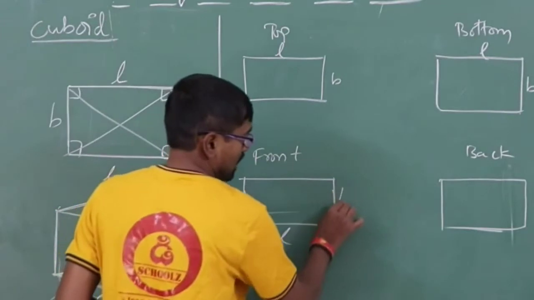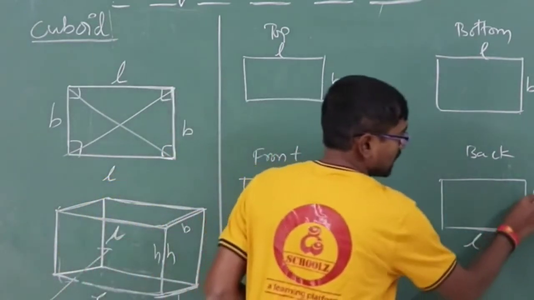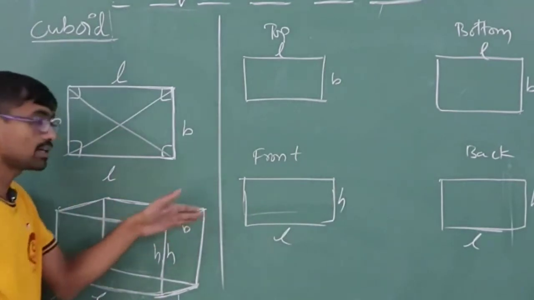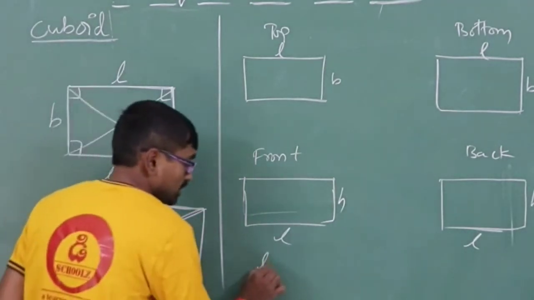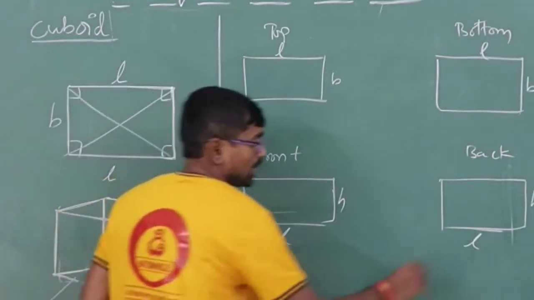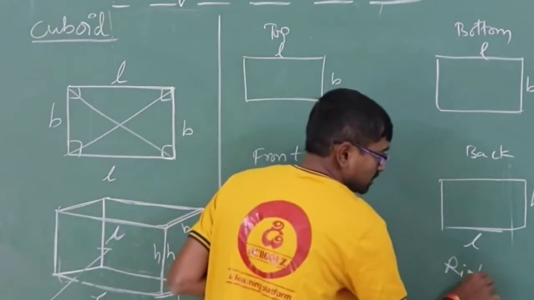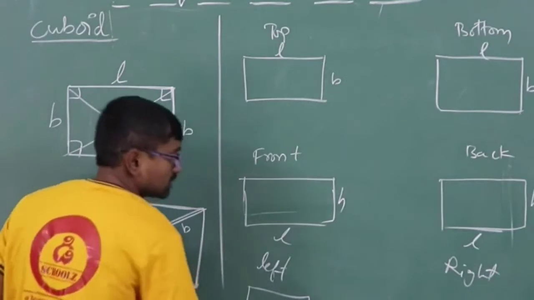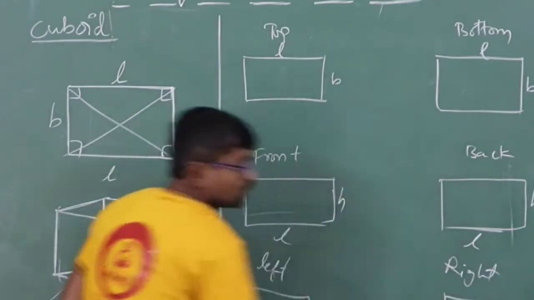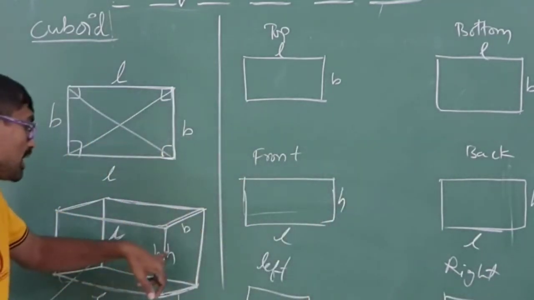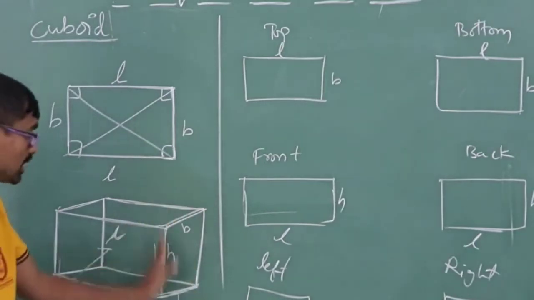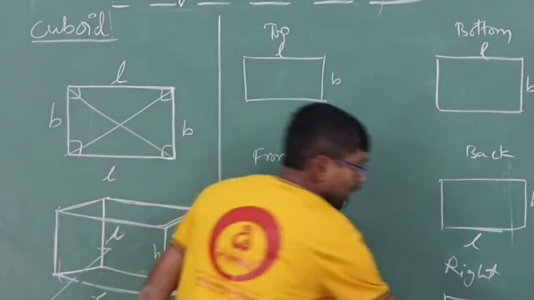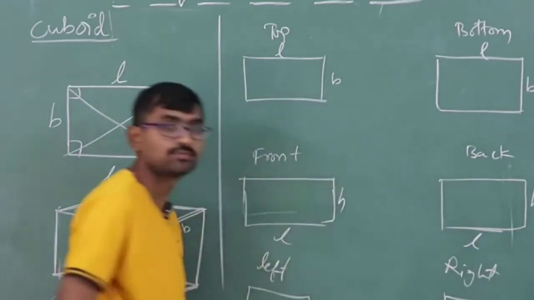Now the left and right sides: again we get two rectangles. The dimensions here are height and breadth.